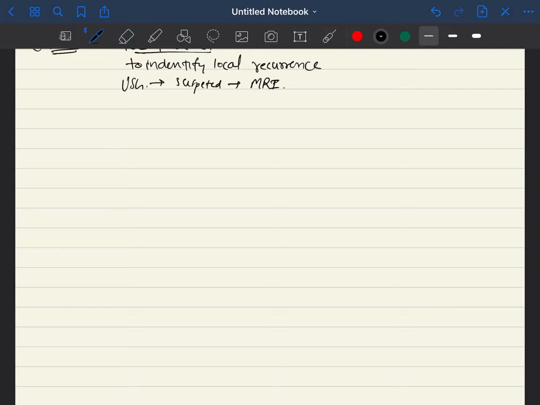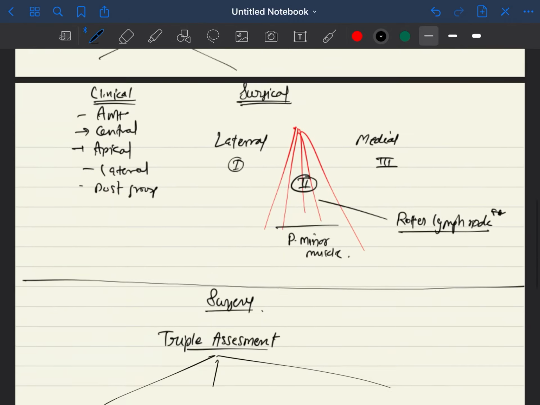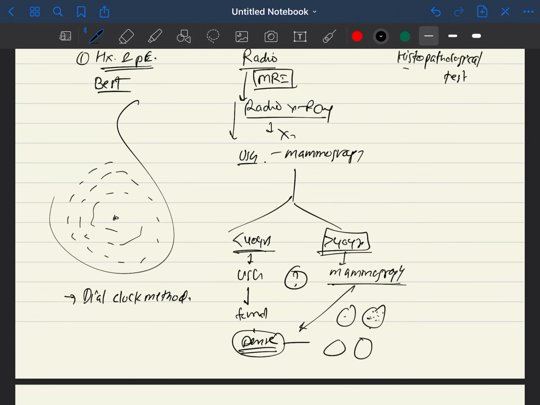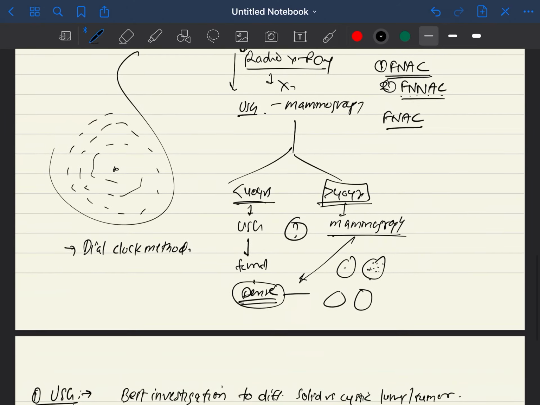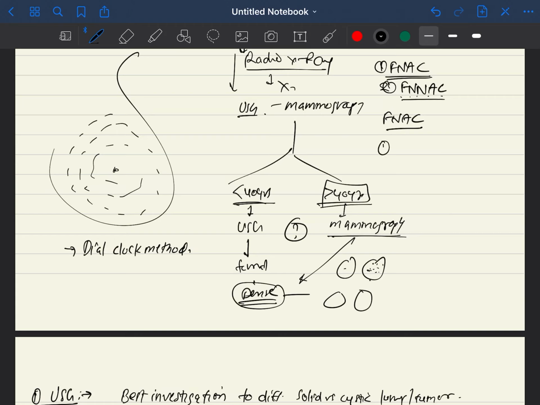The third one is histopathologic test. So in the histopathological test, the first one we do is fine needle aspiration cytology. Alright, fine needle aspiration cytology. The second one is FNNAC, fine needle non-aspiration cytology. So there are some drawbacks of FNAC. What are the drawbacks? The first one is we cannot differentiate between invasive and in situ cancer.